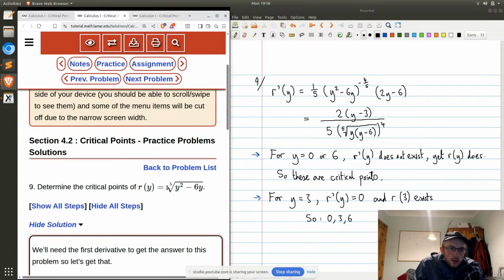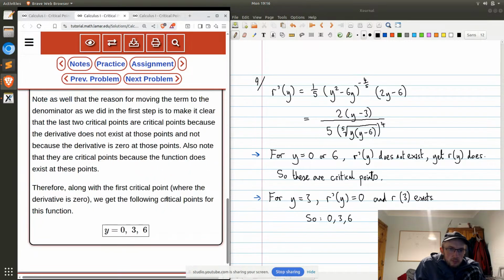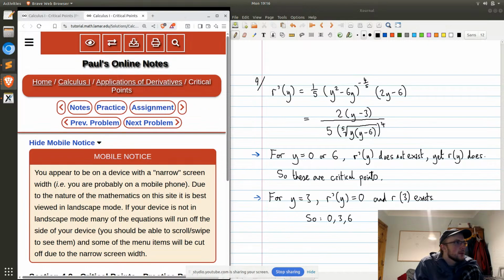I think it's 0, 3, and 6. Hooray! Well, not actually that bad.